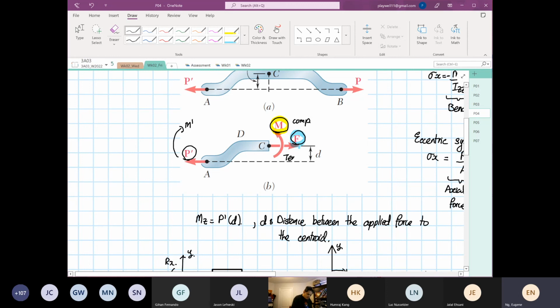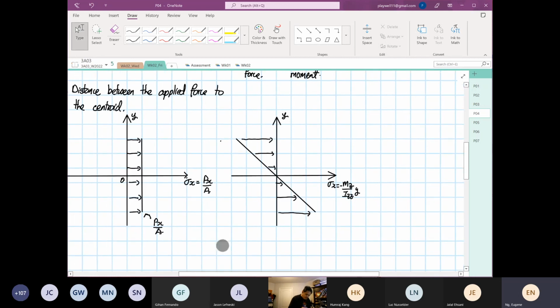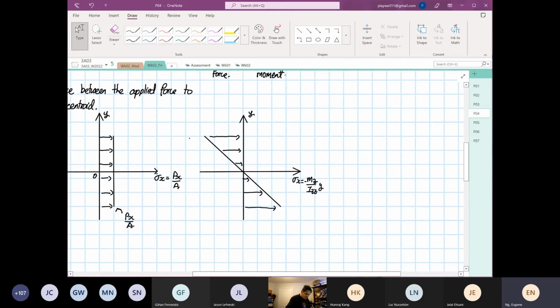The tail end is going to be tensile. So our stress distribution looks like this. I taught you how to draw compression and tensile.